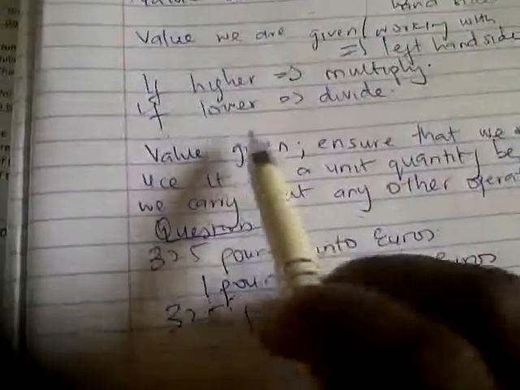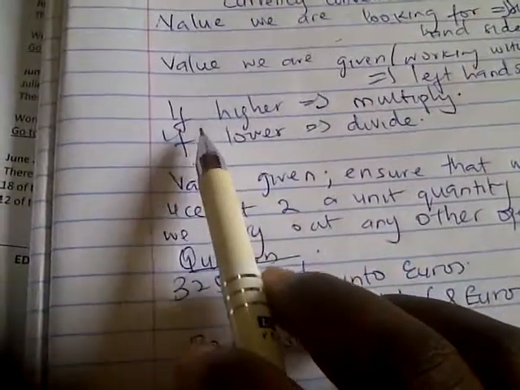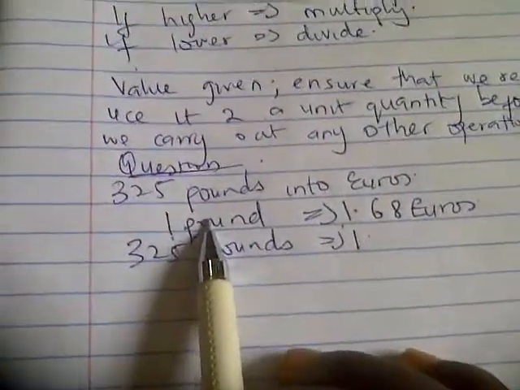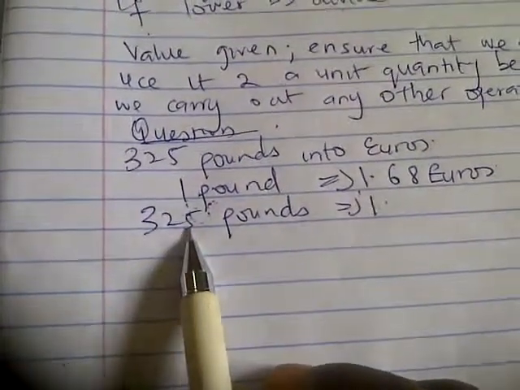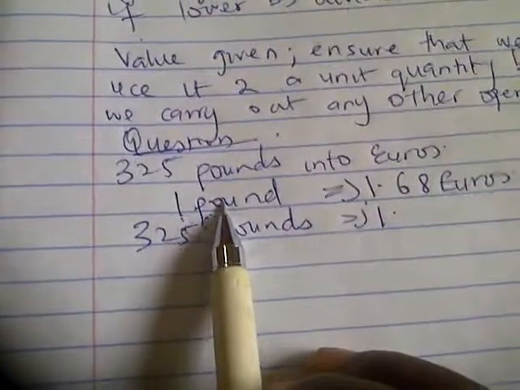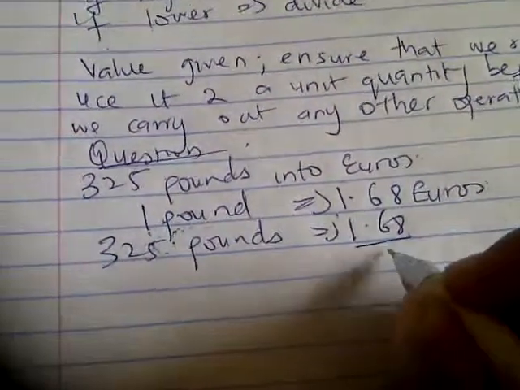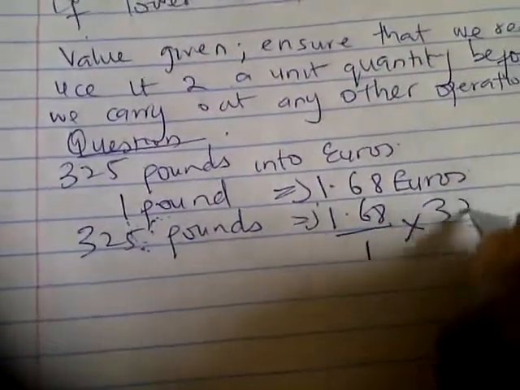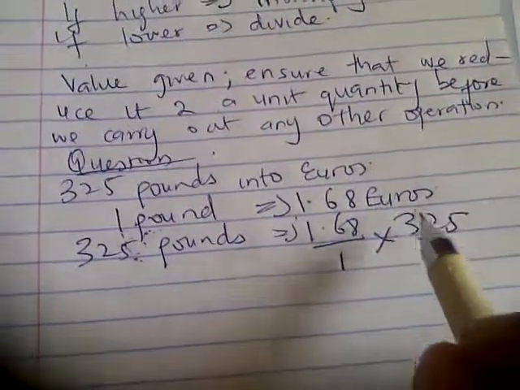Now the second rule that we had was if higher we multiply, if lower we divide. For £1 it's going to give us 1.68 euros. For £325, which is higher than £1, it's going to be 1.68 divided by 1, then times this higher one, £325. We're multiplying because the value is higher.